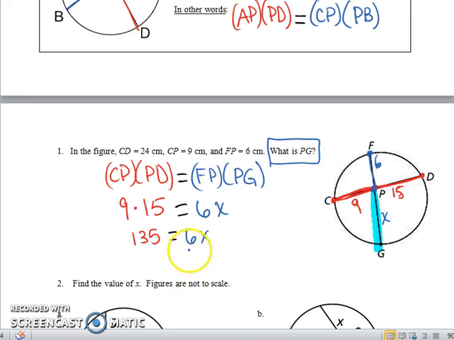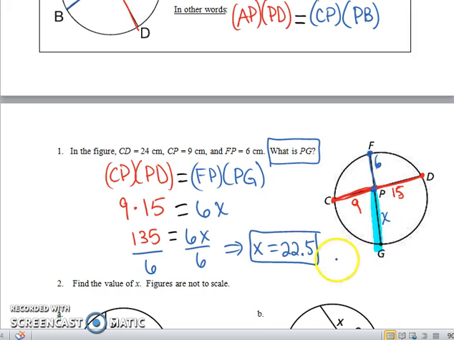And then dividing both sides by 6, I get that x is 22.5. Now, since x represented PG, that means that segment PG is 22.5 centimeters long, and that would be our final answer.